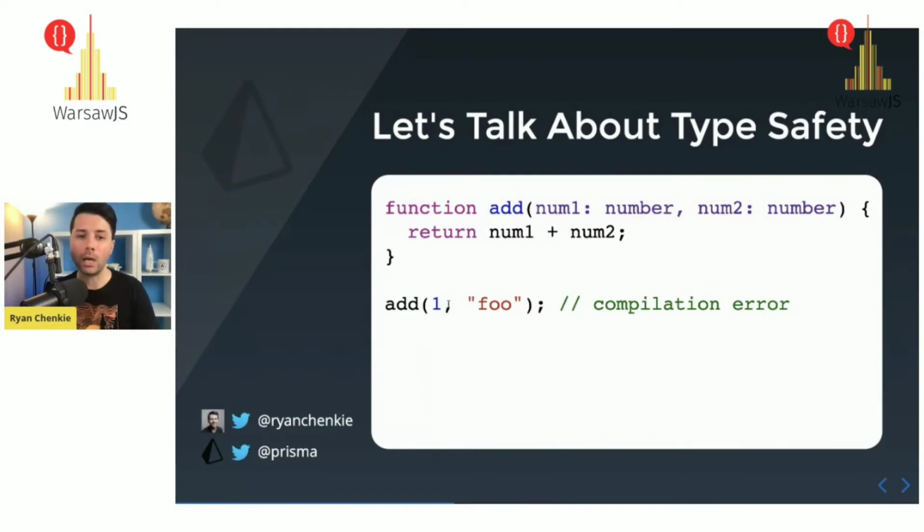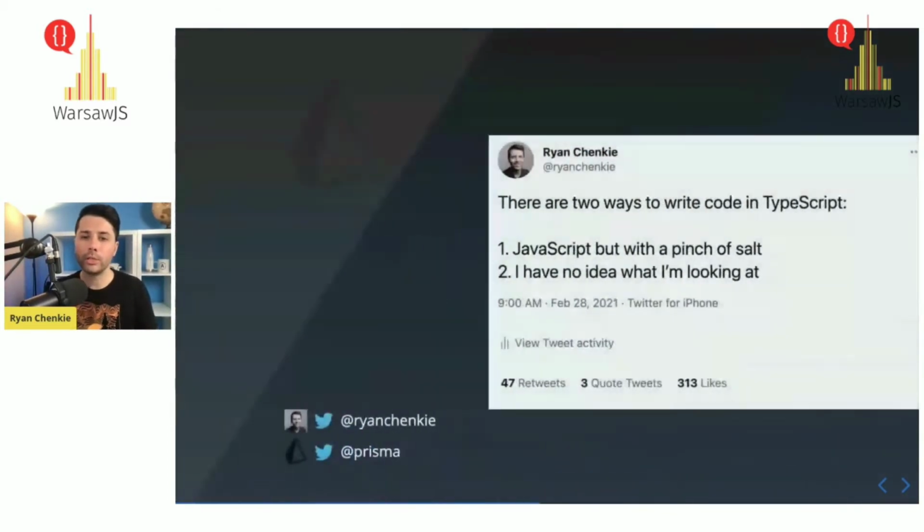So in this case, if we pass foo as a second argument, it's going to give us a compilation error, and we're not even going to be able to proceed. So TypeScript helps us in this situation because we solve a lot of problems for ourselves before our programs even run. And that means fewer errors, fewer bugs to track down in the future, which is just great.